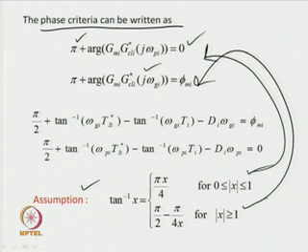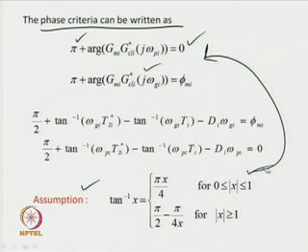Obviously, one can get simplified expressions like π/2 plus tan inverse ω_gi T_i* minus tan inverse ω_gi T_i minus d_i ω_gi is equal to the phase margin.